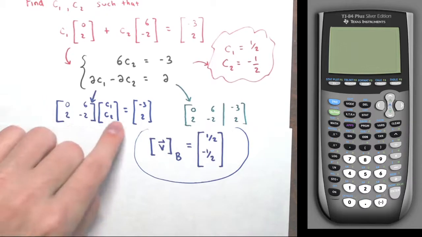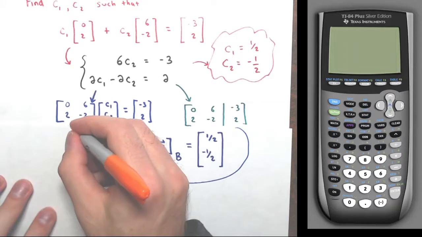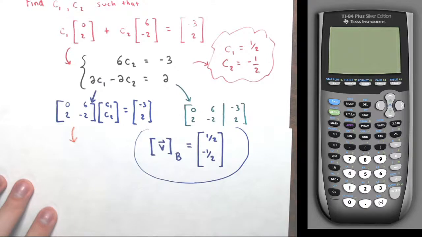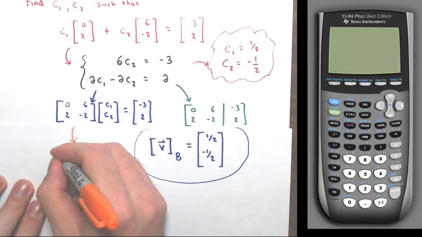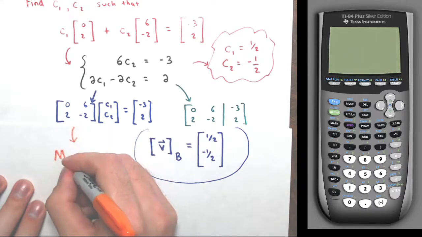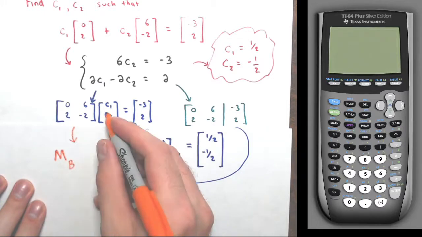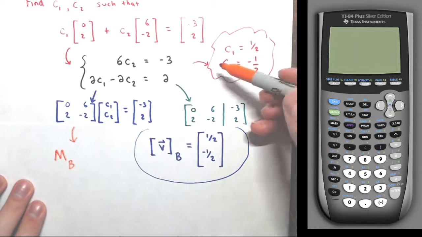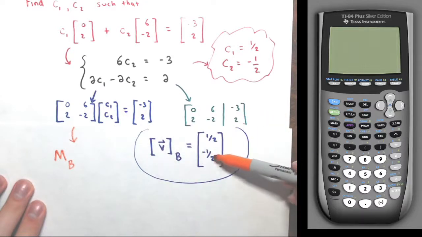Going back to this little system I set up here with the matrix, here's something you might see written as well in some texts. Looking at this system, you can think of that coefficient matrix as, you might see it written as M sub B, times the C1 and C2, which are the coordinates. So C1 and C2 here, that's your coordinate vector.